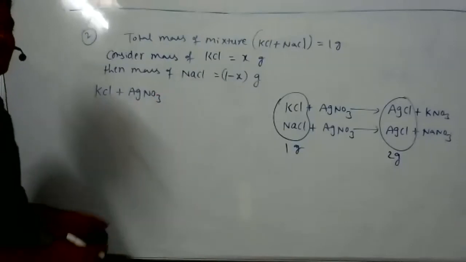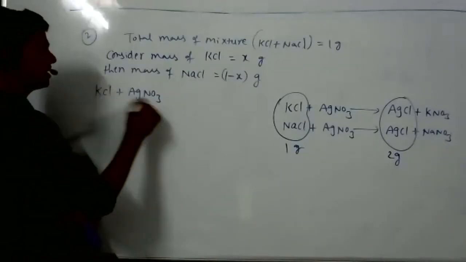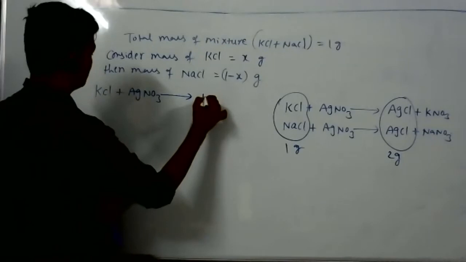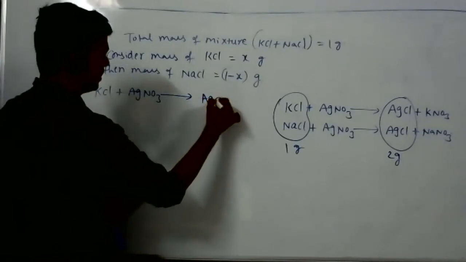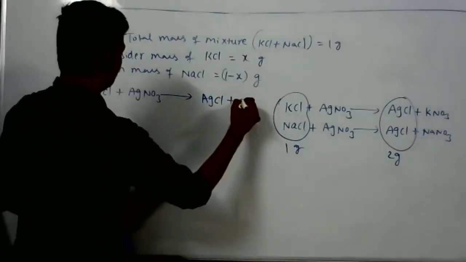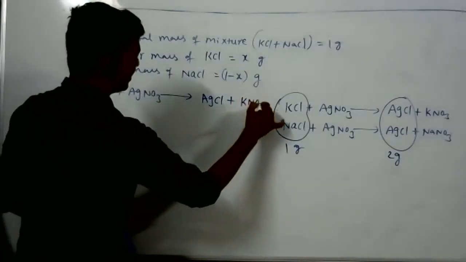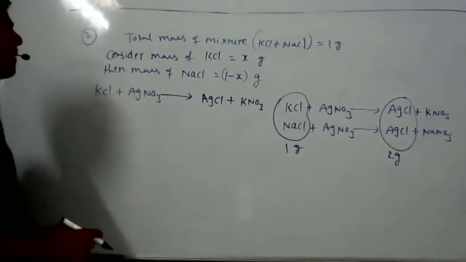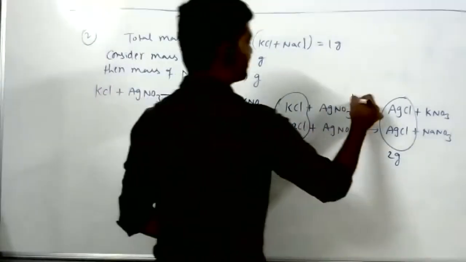Next step, I'm writing the reaction: KCl plus AgNO3 gives AgCl plus KNO3. The mass of silver is 108.